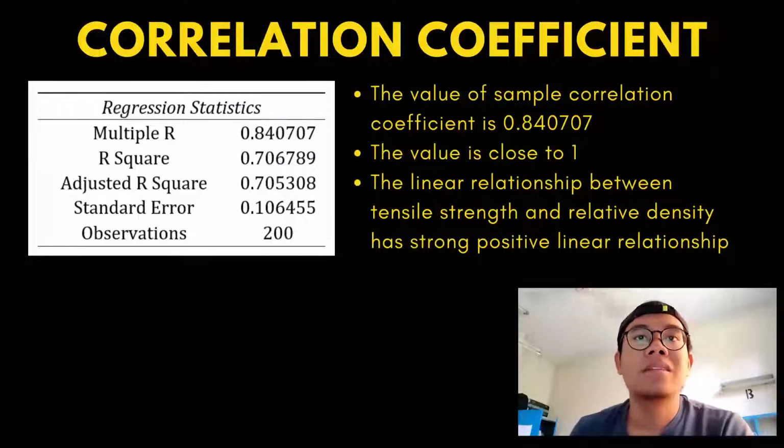From the regression statistics table above, we obtain the value of the sample correlation coefficient from multiple R, which is 0.840707. As the value is close to 1, it indicates that tensile strength and relative density have a strong positive linear relationship.